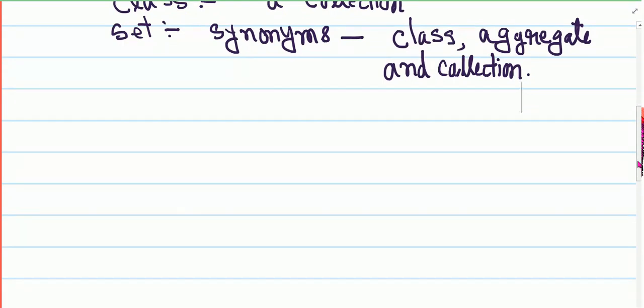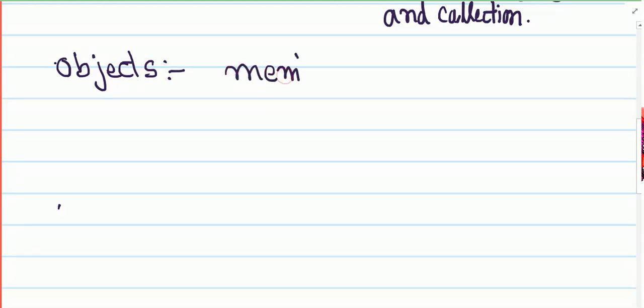Here we want to define, in the same definition, the word objects. Objects means the members of the collection, or members of the class.